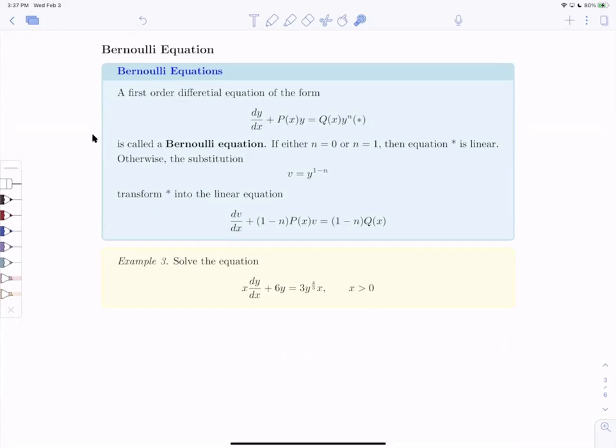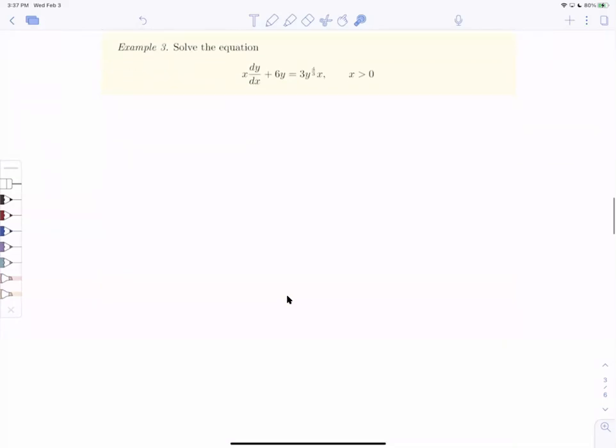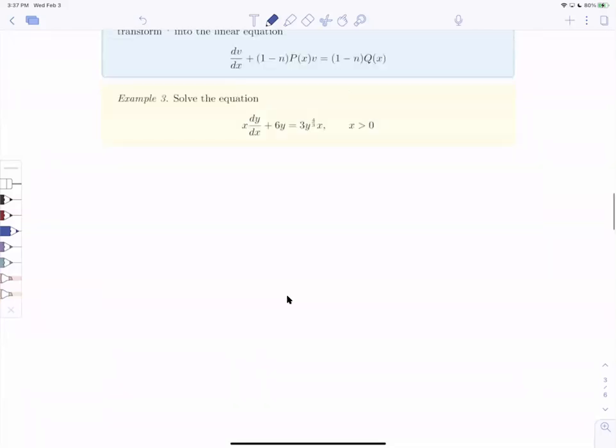You guys did this in class, right? Bernoulli equation. Okay, so I'll give you some time to work on this, and I'll take it up. Get your notes out and follow.